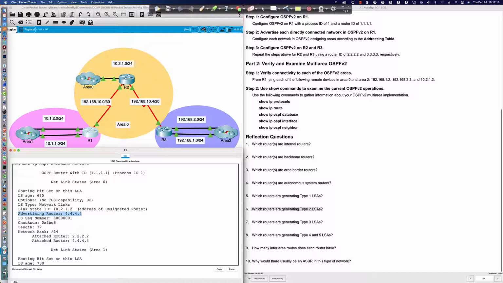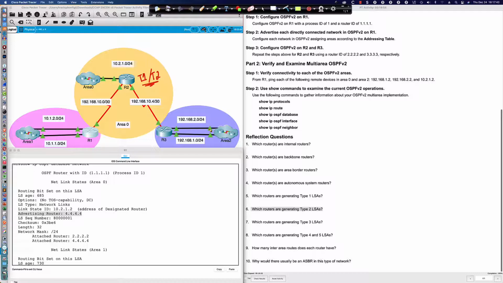Because remember, type 1s and type 2s, and I'll kind of draw it off here to the side, type 1 and type 2 LSAs are bound in the area in which they occur, meaning the type 1 LSA is not flooded from area 0 into a non-area 0 area.